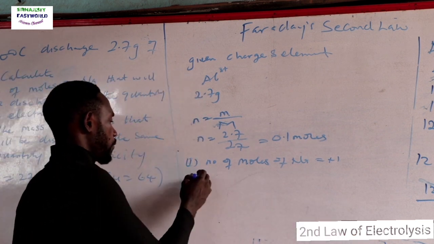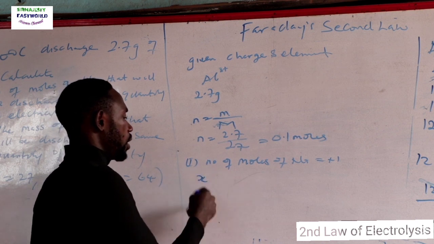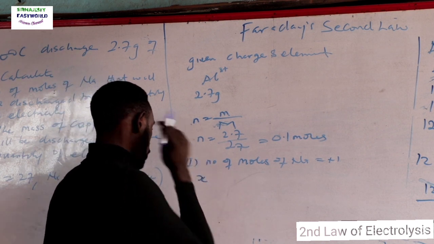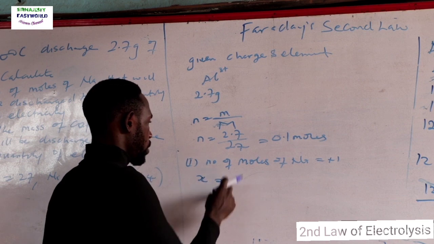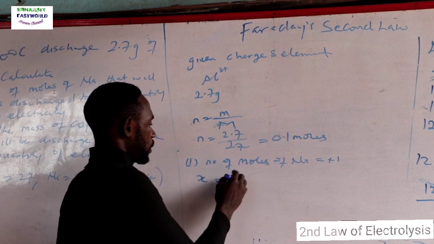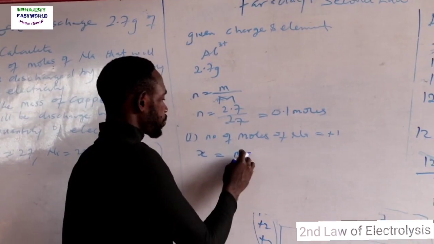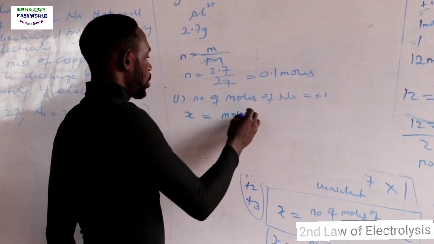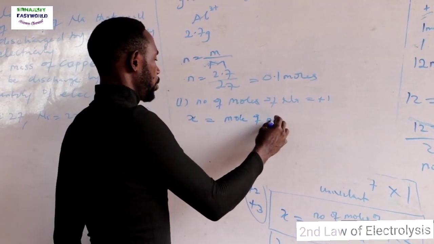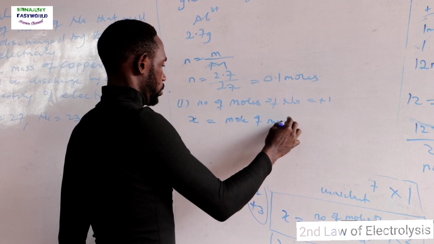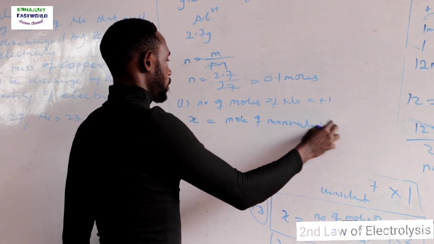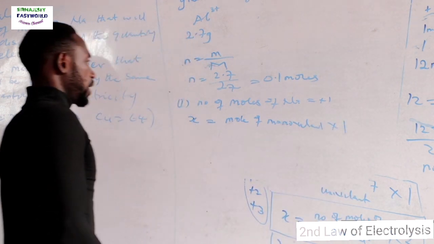And if you do that, you find out that your X will still be the moles of monovalent. We don't know what X is, you just say moles of monovalent times 1.